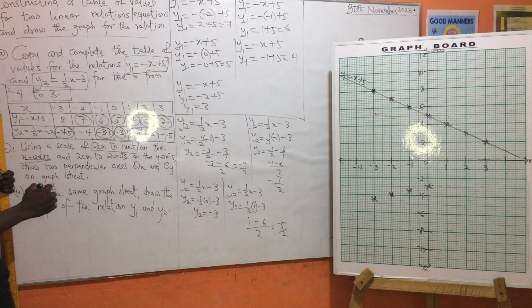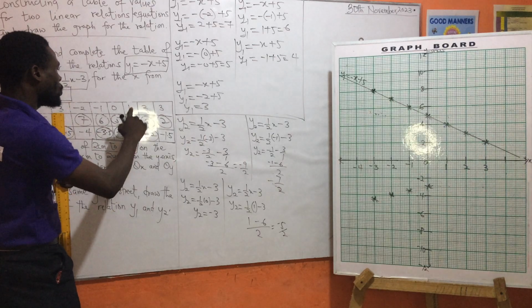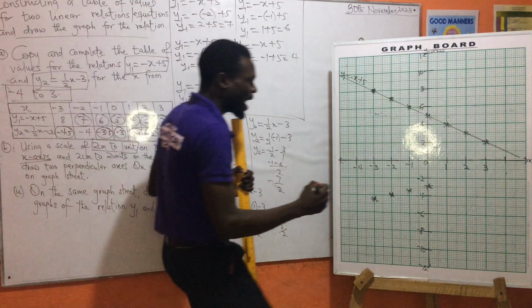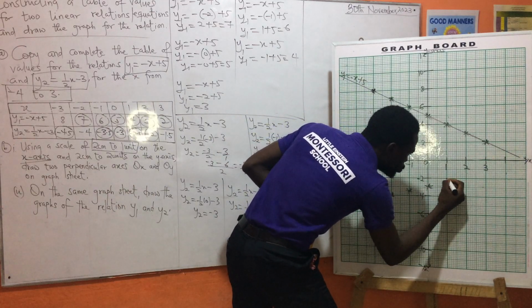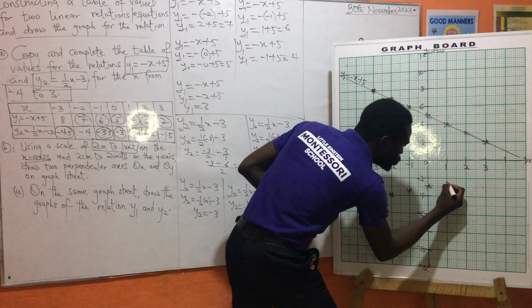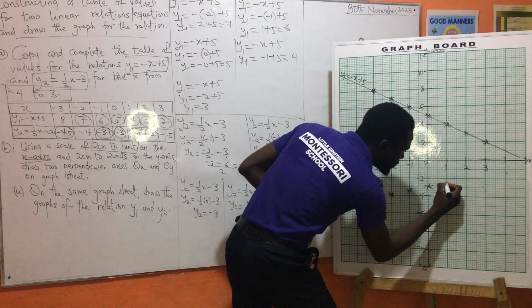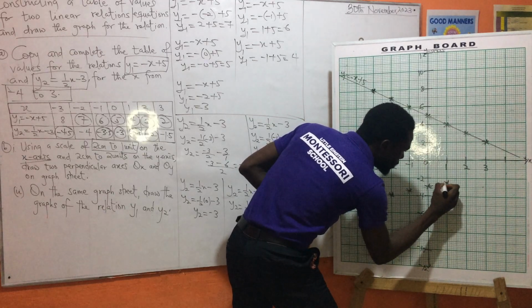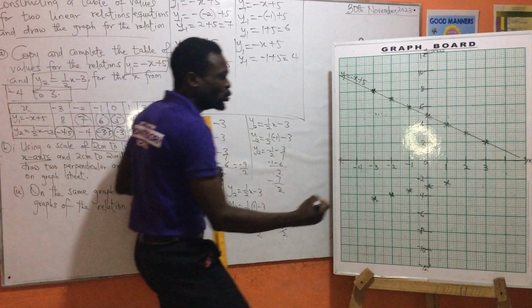Then we have 1, negative 2.5. So 2, 2.2, 2.3, 2.4. So 2.5 is here. Nicely. Then we have 2, negative 2.